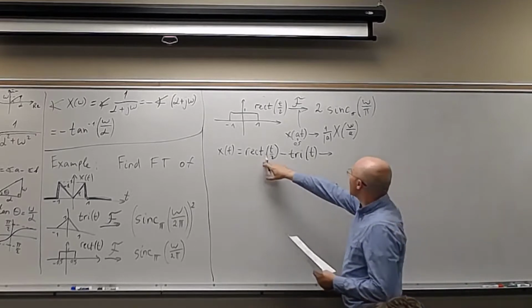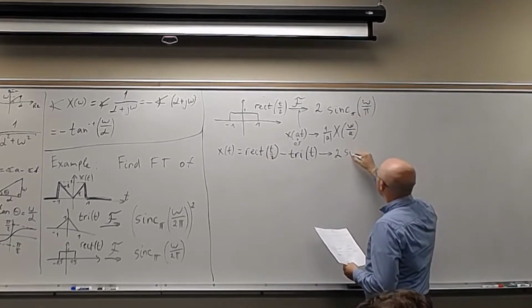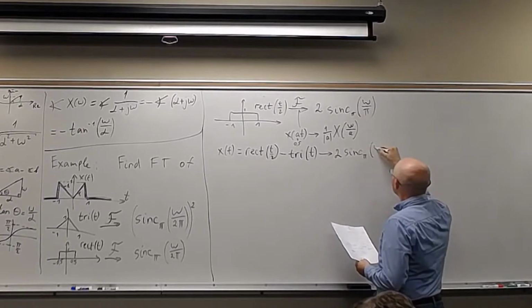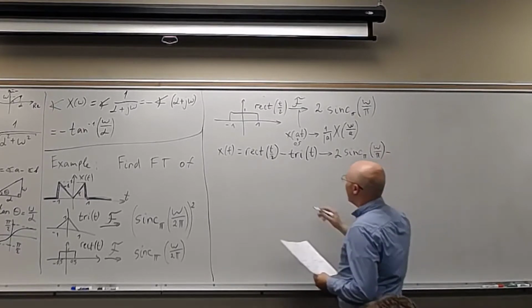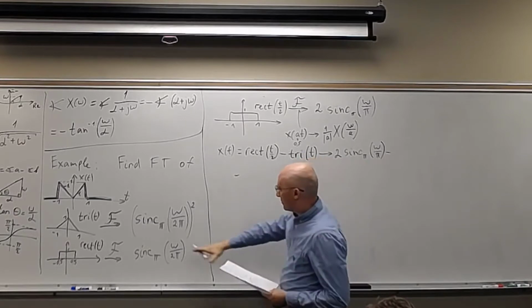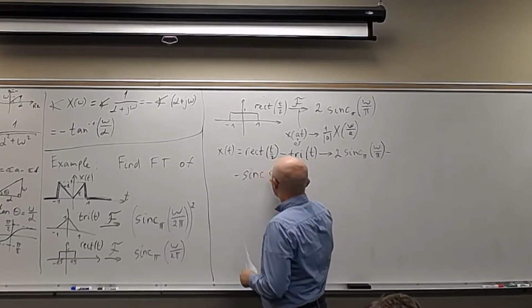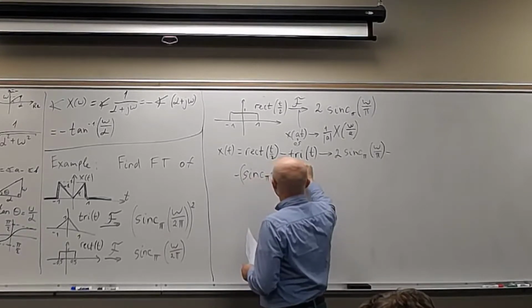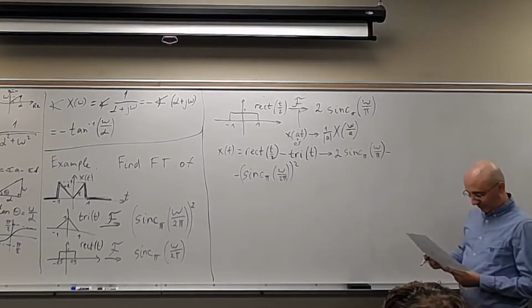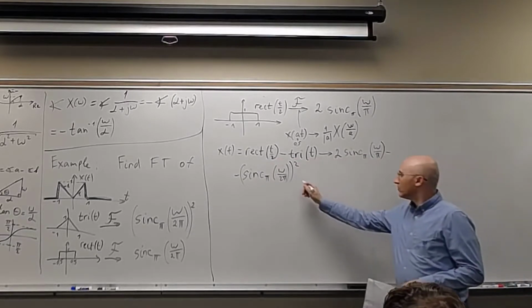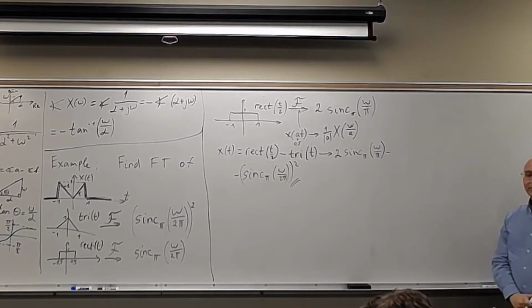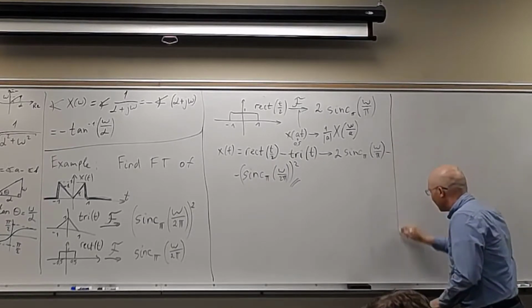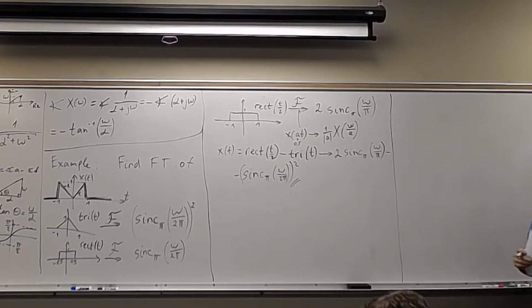So you get this one, which is here, and minus that one. Basically, that's it. Any questions?